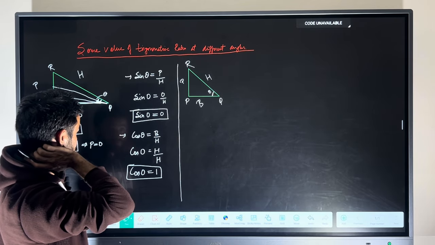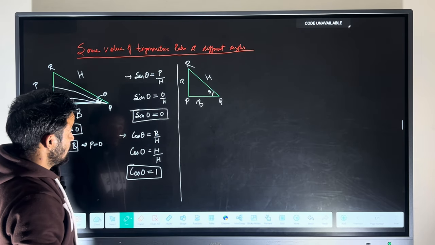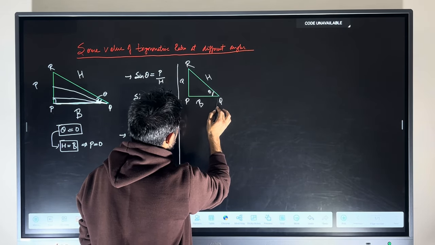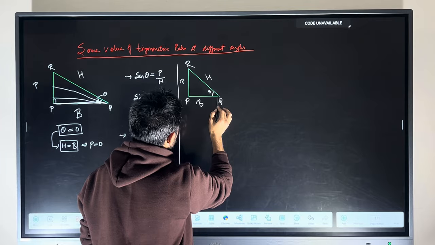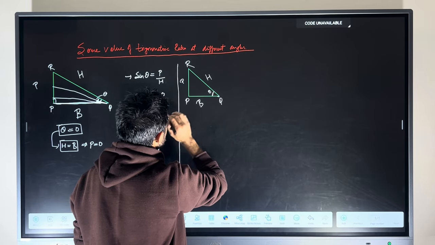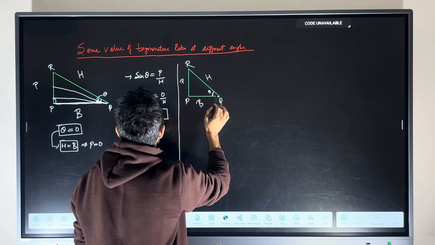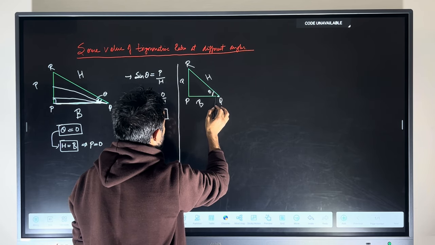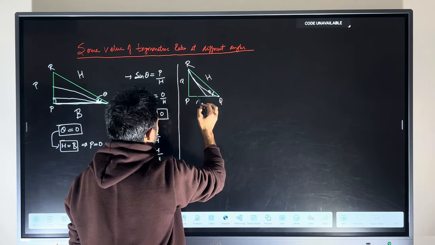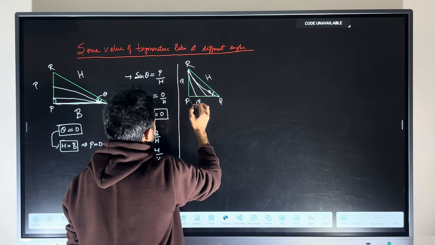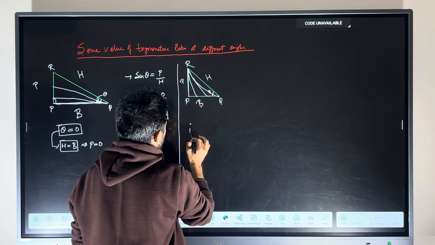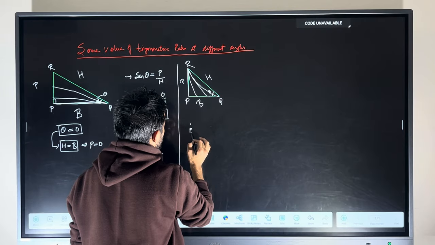Now suppose we increase the value of theta. How will we increase the value of theta? We will go near this angle. At one condition, this side will be on this.